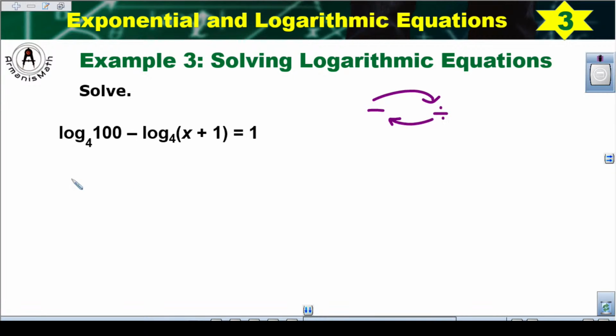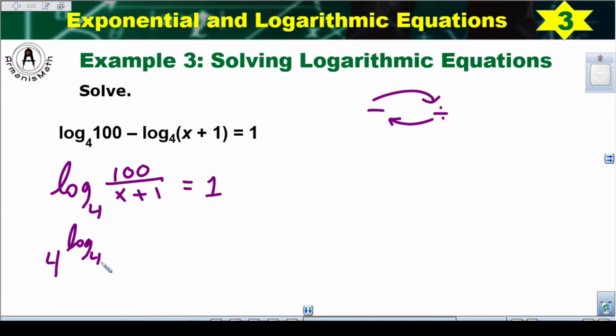So basically I have log base 4 of 100 minus, with the minus becoming a division, log base 4 of x plus 1 equals 1. Now to get rid of this log base 4, I'm going to introduce a 4 as a base. So I'm going to say 4 raised to the log base 4 of 100 over x plus 1.